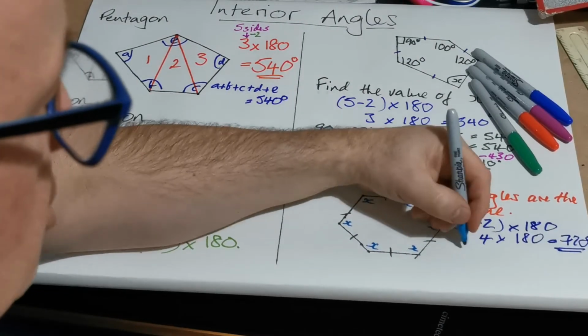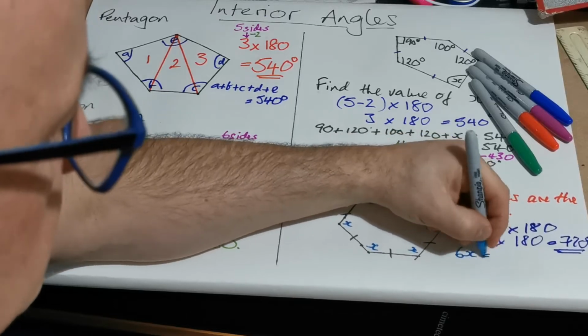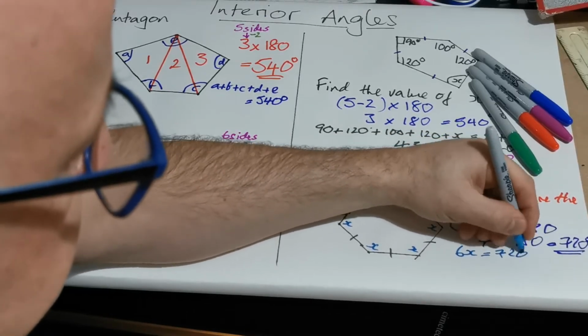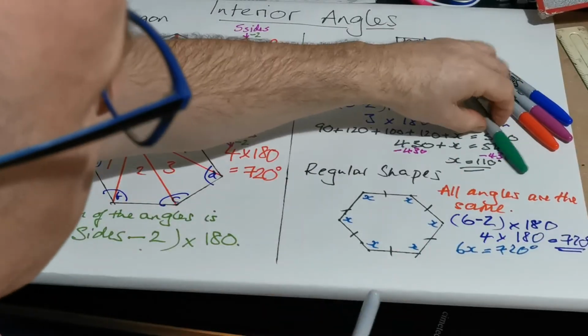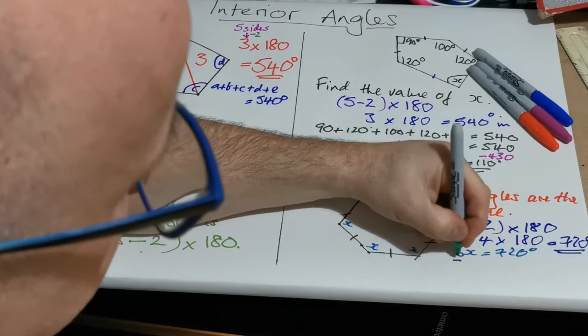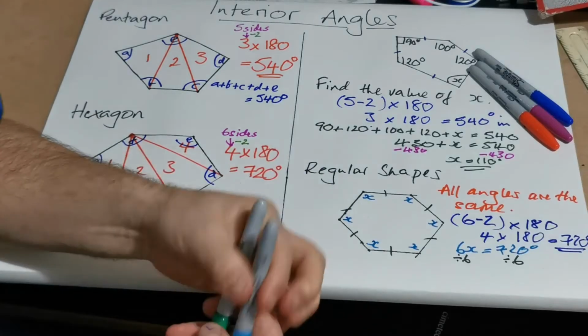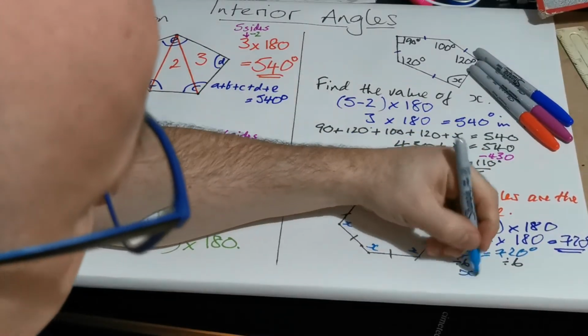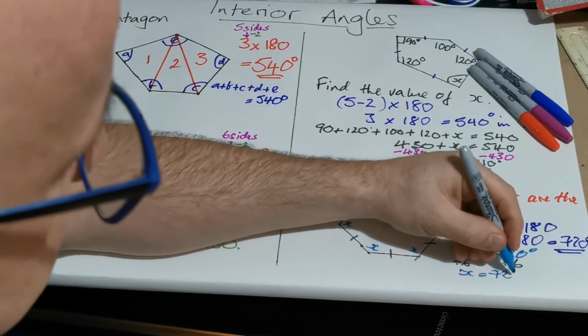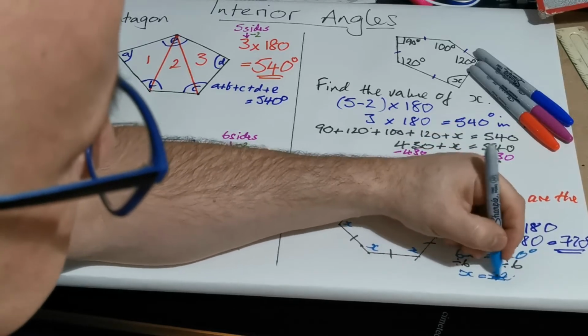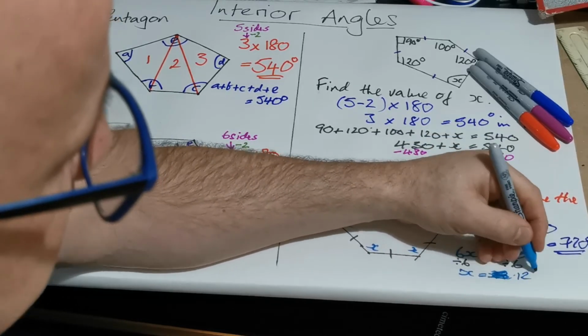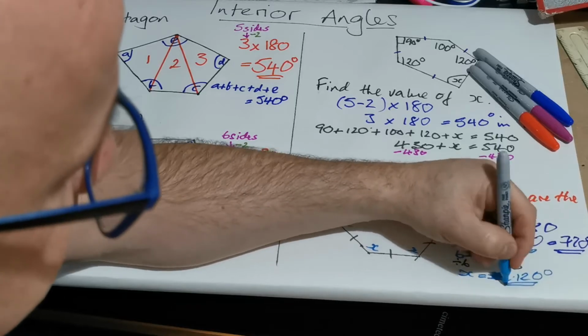I'm going to make up that total angle of 720. So divide both sides by 6. That gives me x equals 720 divided by 6, which is 120 degrees.